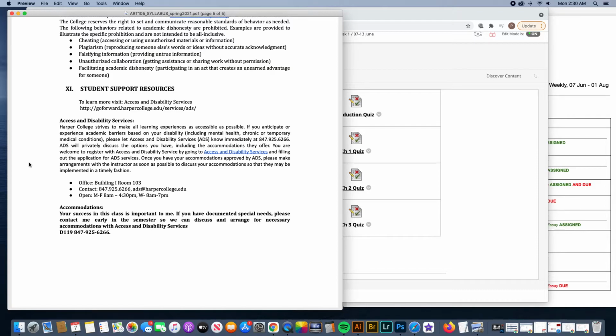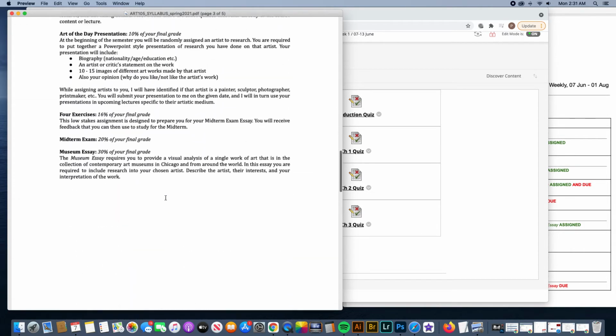I do not give accommodations unless I get an email or communication from the Access and Disability Services office. So if you feel that you need or would benefit from accommodations for this class, you need to contact the Access and Disabilities office right here.